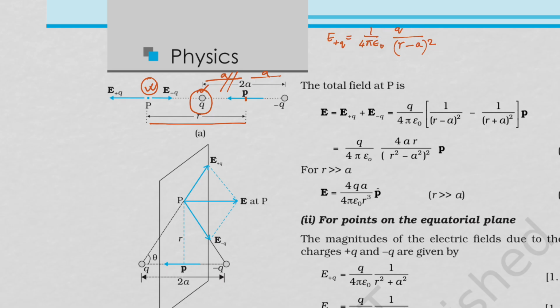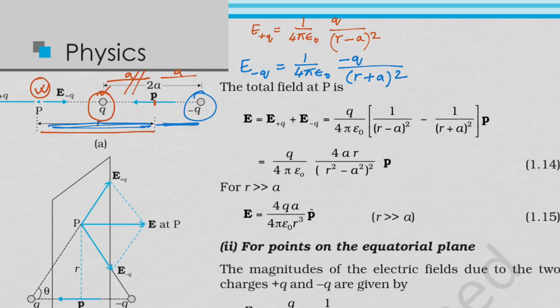And in the case of the negative charge, the electric field due to the negative charge would be 1 upon 4 pi epsilon naught minus Q, because it is a negative charge, and then R plus A, because R is this distance, and then we have to add this extra distance to cover that negative charge. So R plus A square.